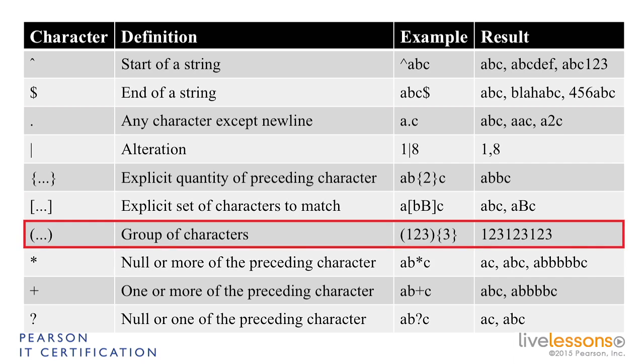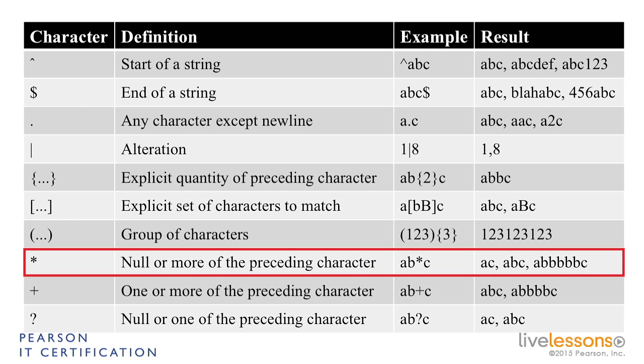Then we have the round brackets that signify a group of characters. Round brackets are especially useful if you are looking for a specific quantity of a specific group of characters, as in the example where the group of characters is 123, and we are looking for a quantity of 3 of them. So that would give a match on 123123123, and only that.